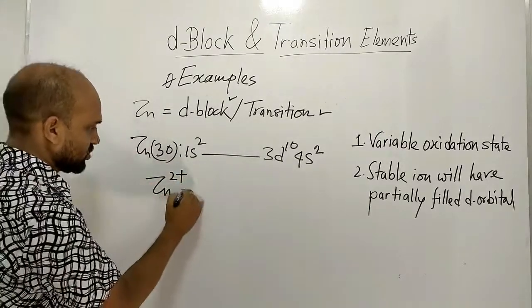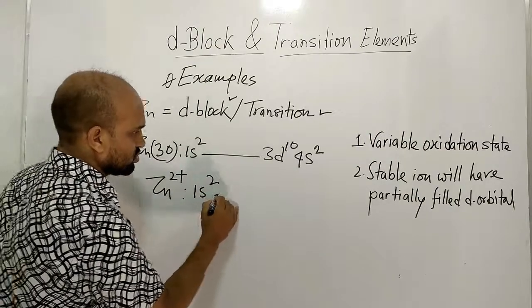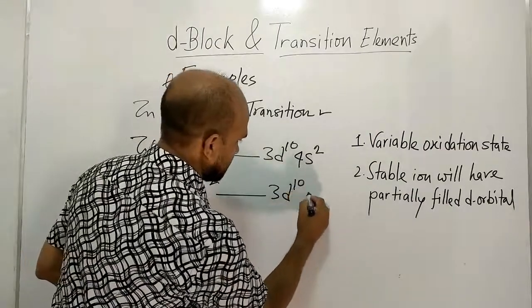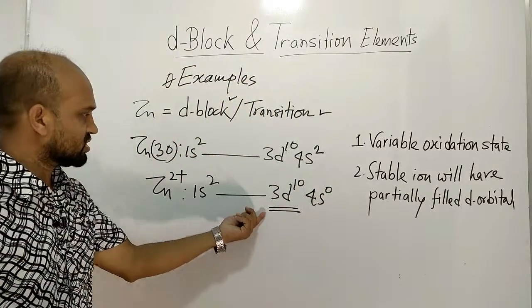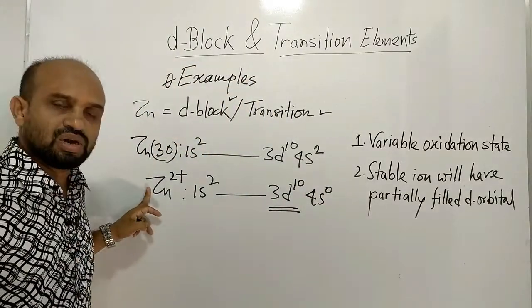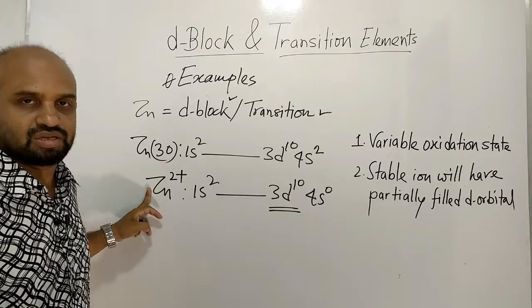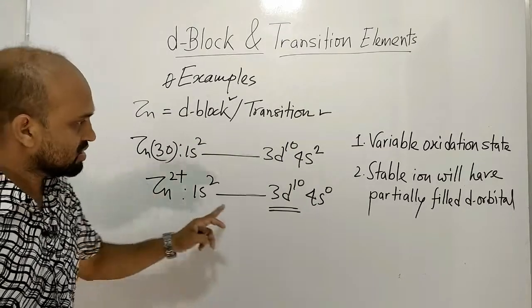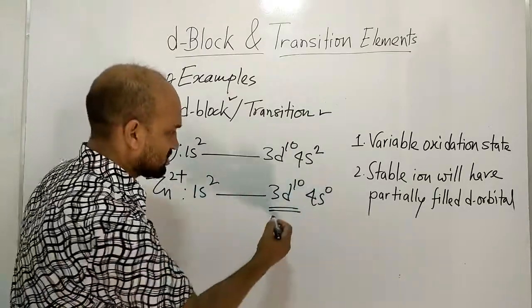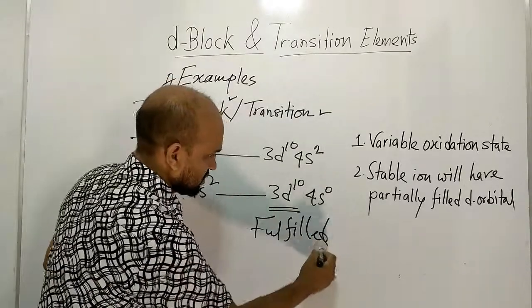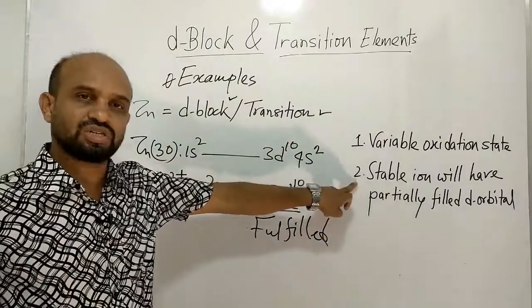zinc, that is zinc 2+: 1s2, 3d10, 4s0. This is a very stable configuration and no other ion is observed other than zinc 2+. And here the d orbital is not partially filled, it is fully filled. That means this condition is not followed.